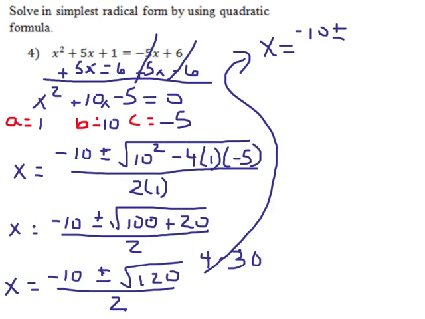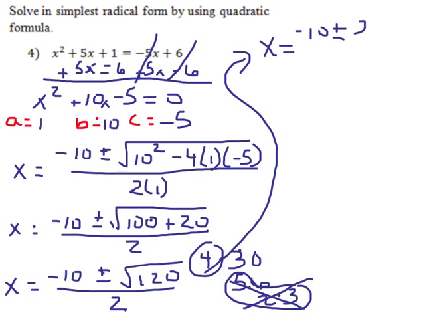So if I take a look at 4 times 30, I know that's a perfect square. 30 breaks up into 5 times 6, and the 6 is 2 and 3, so I don't get any more pairs out of all that. So I can pull out a 4, and the square root of 4 is 2. So that comes out. The square root of 30 remains underneath. I can't really break that up anymore. And then I've got to divide that whole answer by 2.